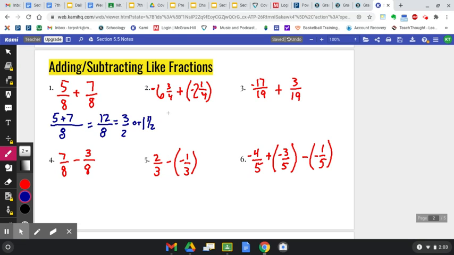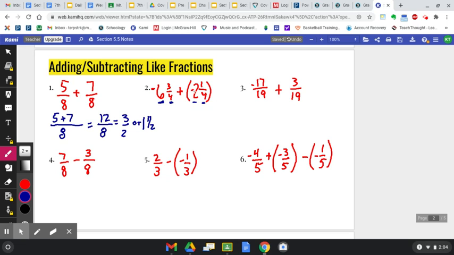Now, number 2, we can look at this two different ways. We could turn it into an improper fraction, and that's the way we're going to do it if they are unlike fractions. But with like fractions, if you want, you could just add the whole number parts and add the fractional parts.